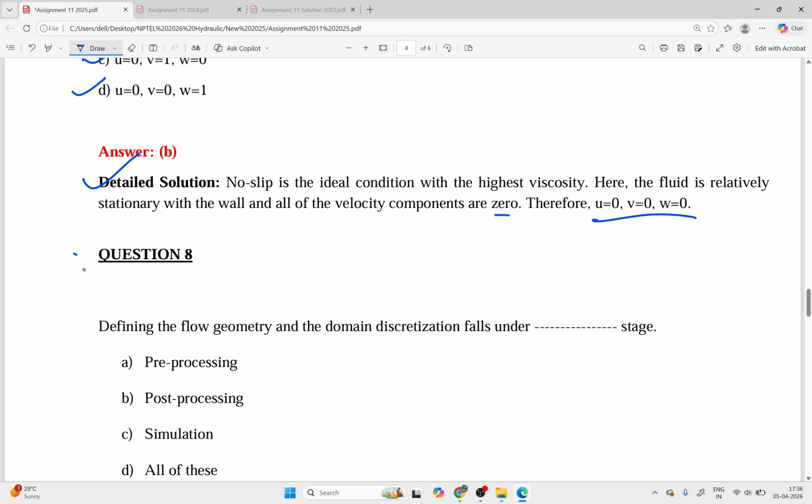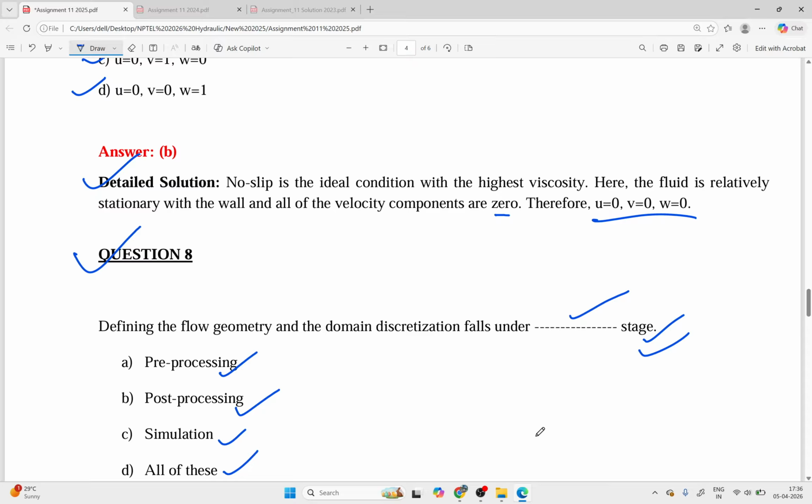Defining the flow geometry and the domain discretization falls under the pre-processing stage, post-processing stage, or simulation stage, all of this. So now you are moving ahead from the fundamental towards the application.